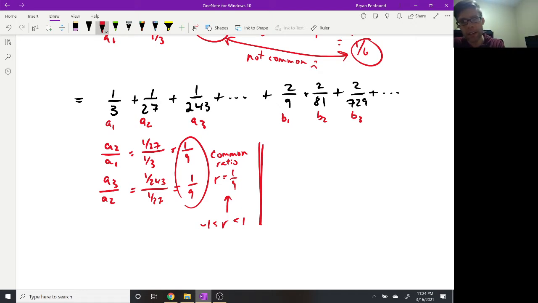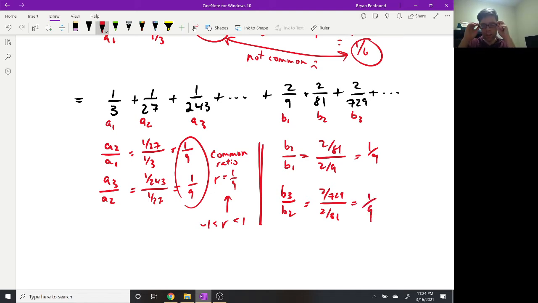Let's take a look at the second half. Let's do b2 divided by b1 and see what happens. 2 over 81, 2 over 9. Is this 1/9 as well? I think this is also going to be 1/9. Now let's take b3 divided by b2. You can either use your calculator or convince yourself with a little bit of algebra that this is also going to be 1/9.